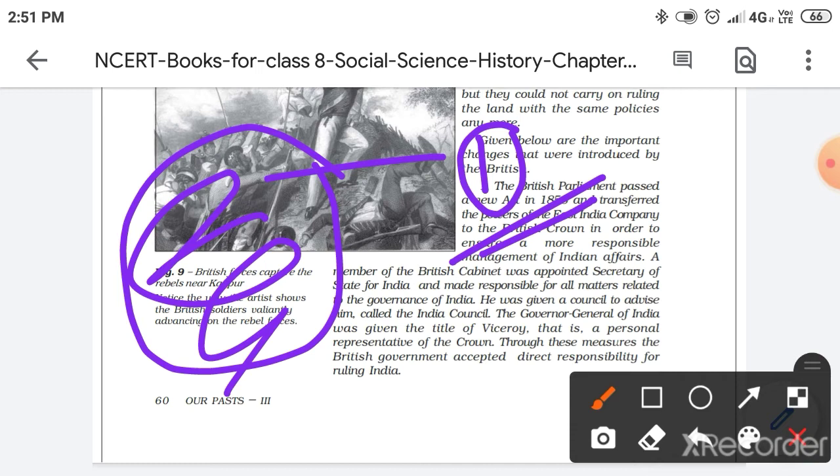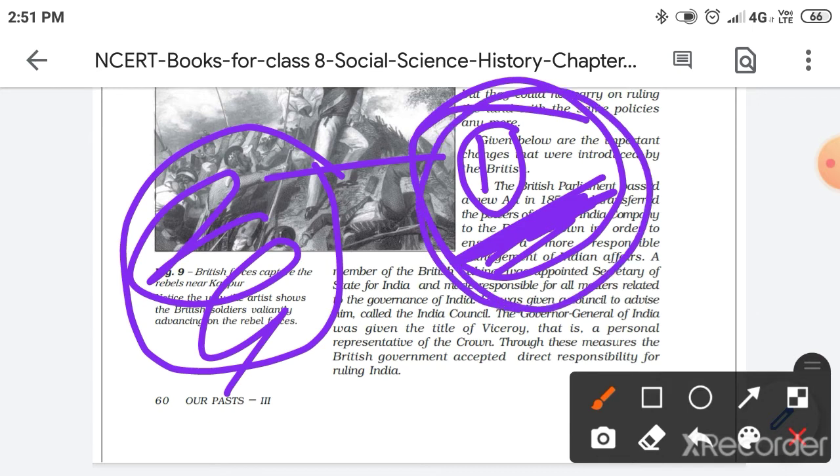And what is the work of the Secretary of State for India? This person has to tackle all matters of governance in India. And who can help this Secretary of State?